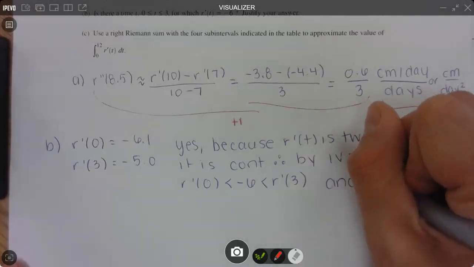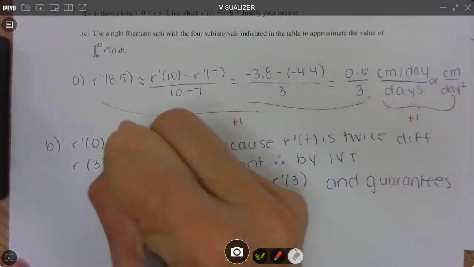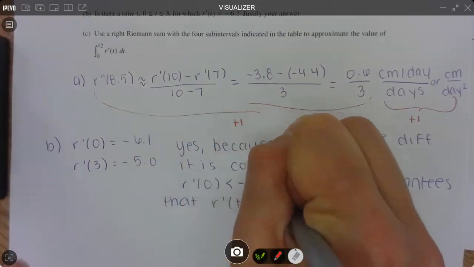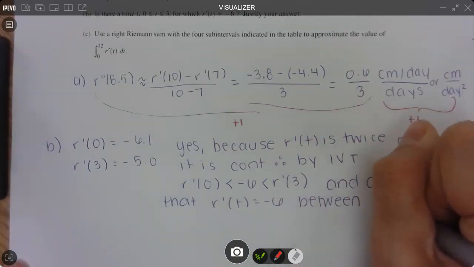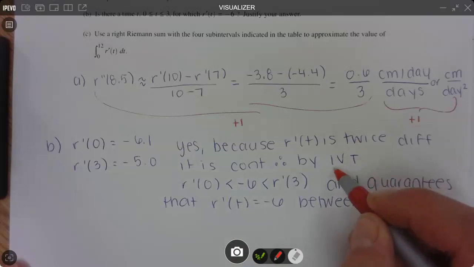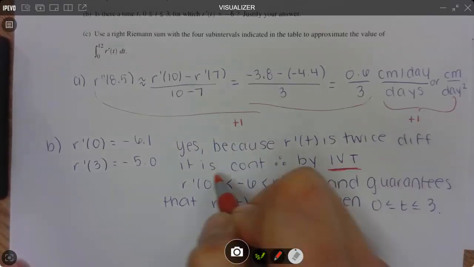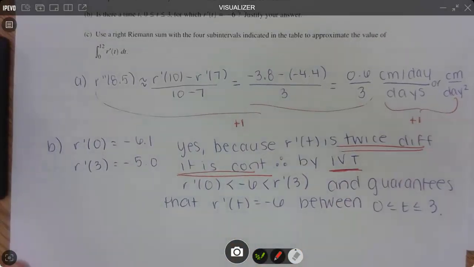And that guarantees that r prime of t will equal negative 6 between 0 and 3. You must use IVT, and in order to use IVT, you must say that it is continuous because of twice differentiability.